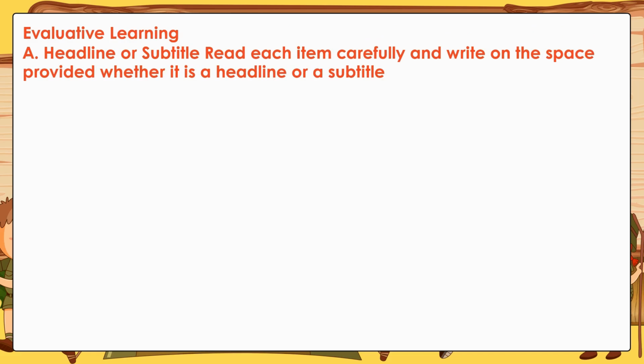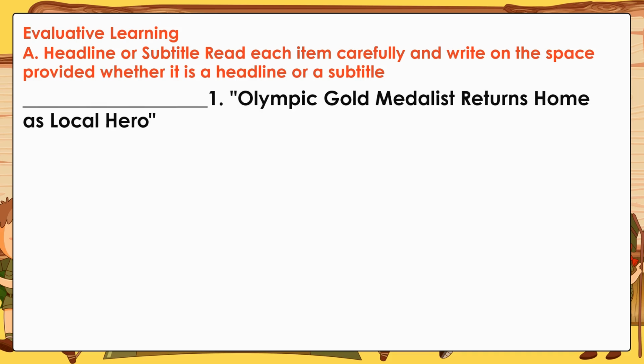For our evaluative learning, directions: headline or subtitle. Read each item carefully and write on the space provided whether it is a headline or a subtitle. Number 1. Olympic gold medalist returns home as a local hero.